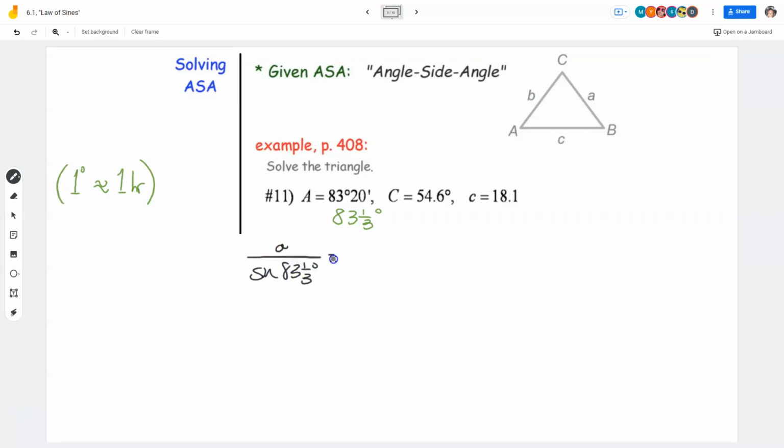I'm trying to plug in the numbers. When you plug in A into your calculator, you get degrees of A. If you're doing the minutes, you have to show what's degrees and what's minutes.